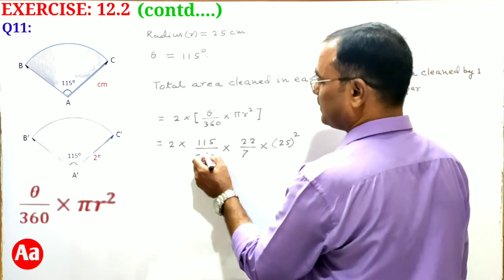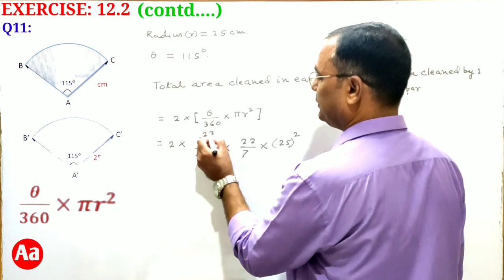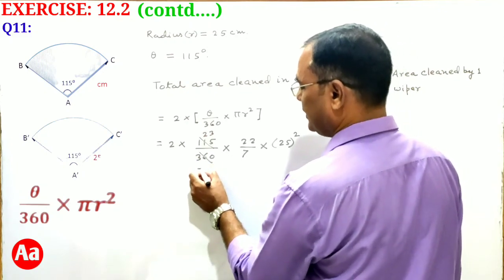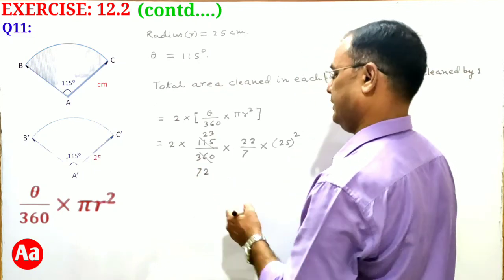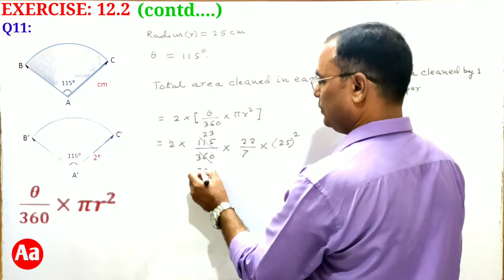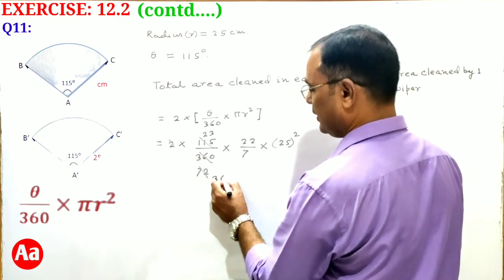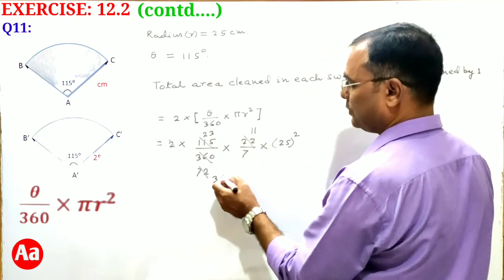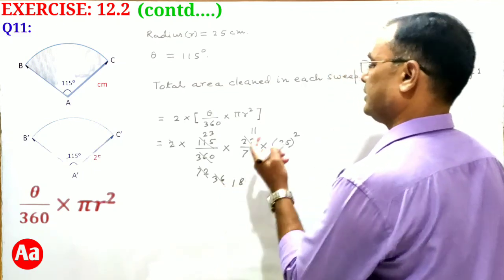Let's simplify. 5 2 ja 10, 5 3 ja 15, 5 7 ja 35, 5 2 ja 10, 2 1 ja 2 and 2 36 times 72, 2 11 times 22 and 18 times 36.